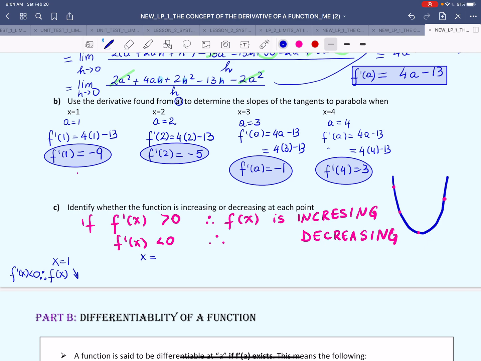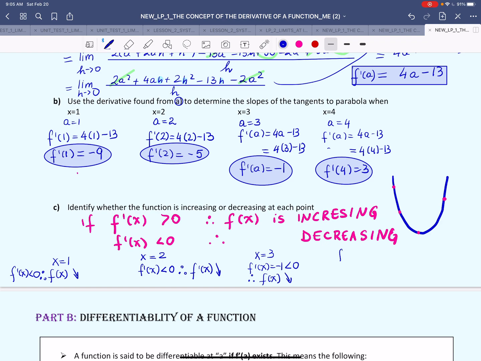At x equals 2, f prime x was negative because it was -5, right? So therefore, f of x is decreasing. At x equals 3, again, f prime of x was -1, so that's less than 0, which makes the function f of x, again, decreasing at that point.